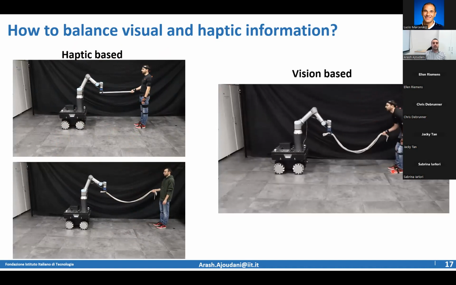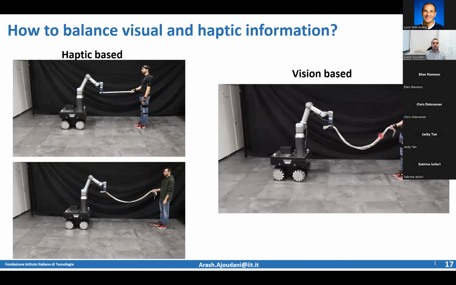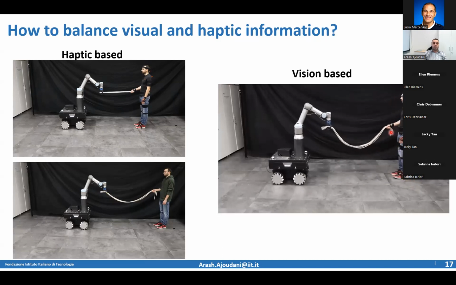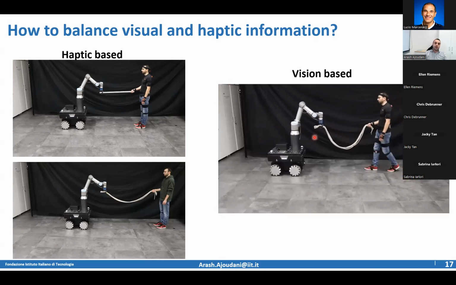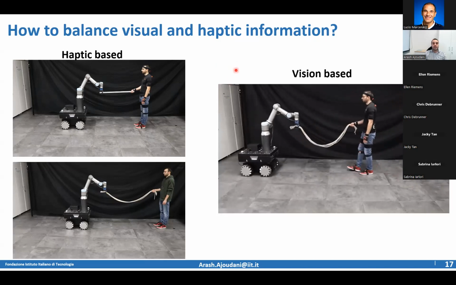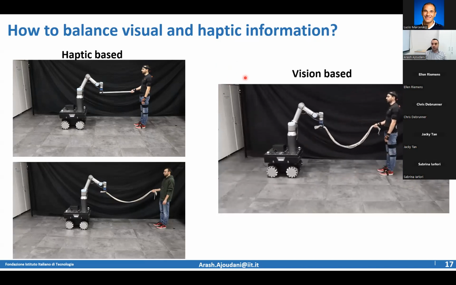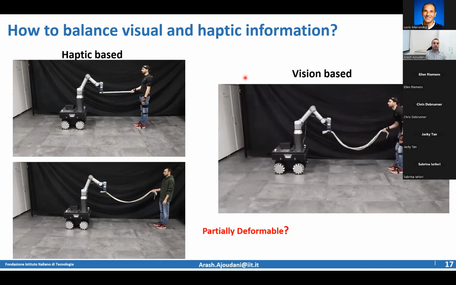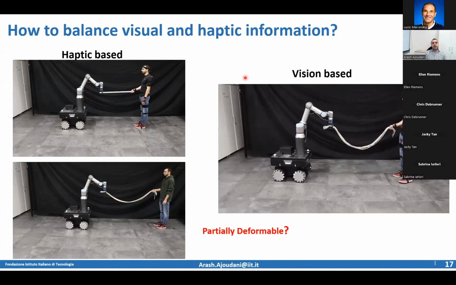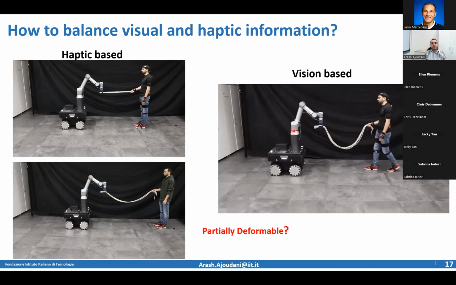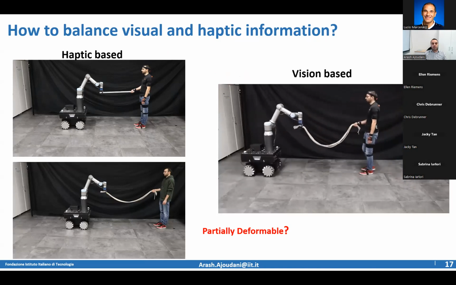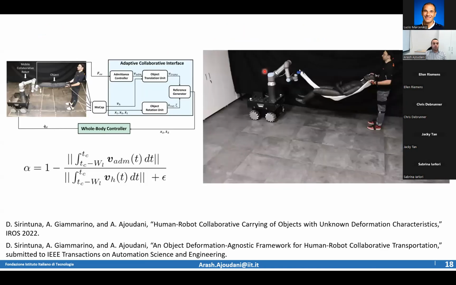So it will be like this, right? I'm going to look at you and follow you until I also receive some forces, and I'm going to process that information to give you the most reliable behavior of the robot. This was a good combination. So this can basically be a teleoperation, right? You move and the robot moves, and this will be just position tracking. But what about partially deformable objects?